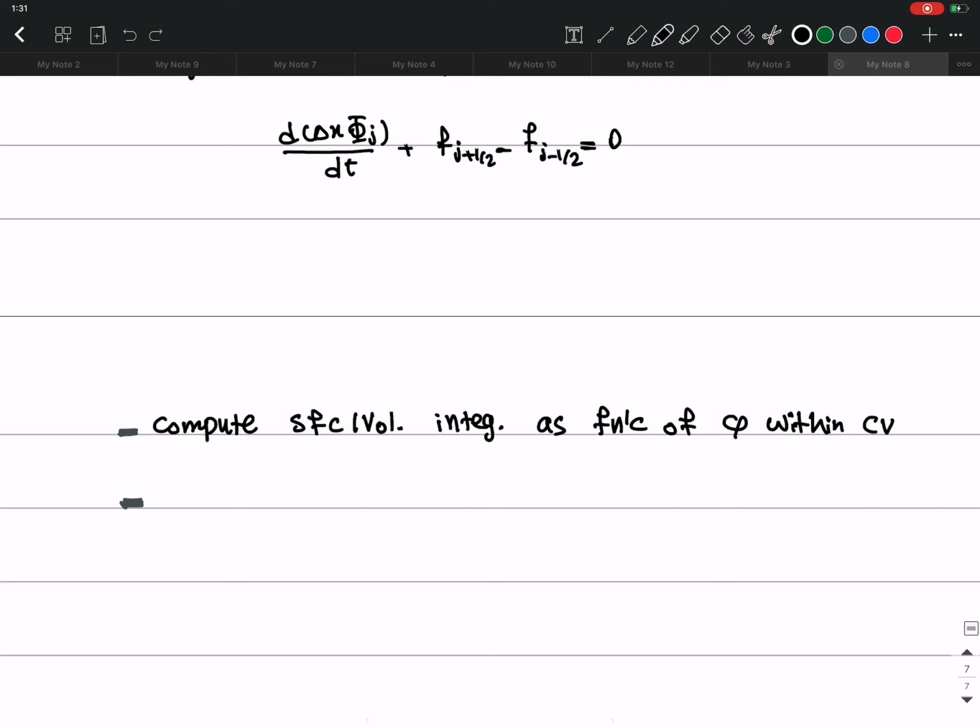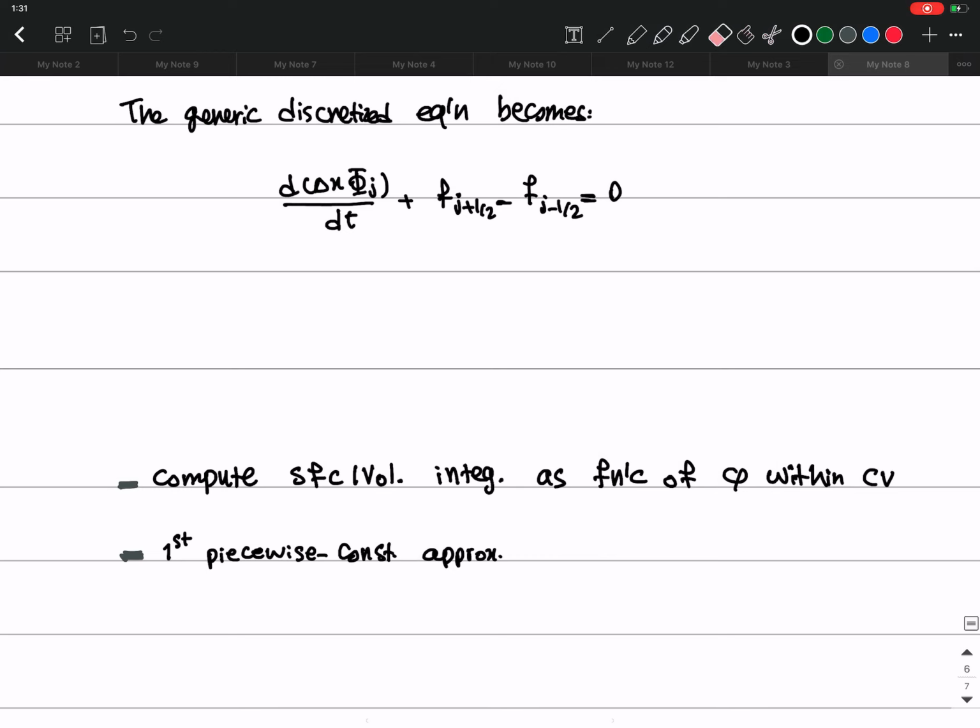Okay, so first we are going to use a piecewise constant approximation. In that approximation, I'm going to assume phi x equals the cell average value phi bar j for x between j minus 1/2 and j plus 1/2.